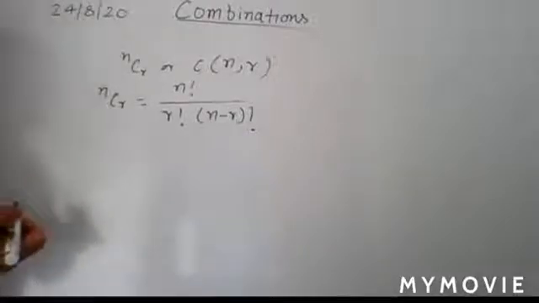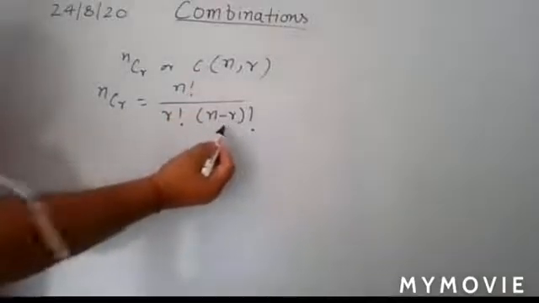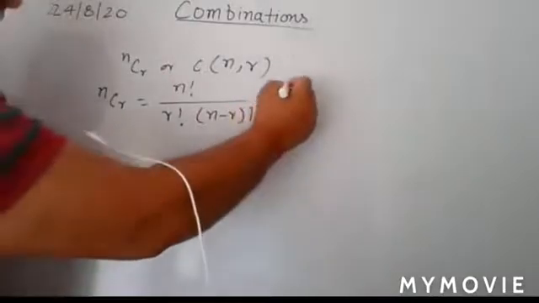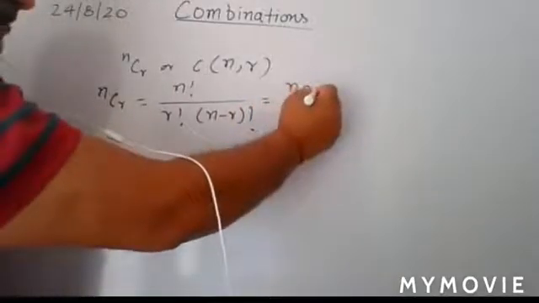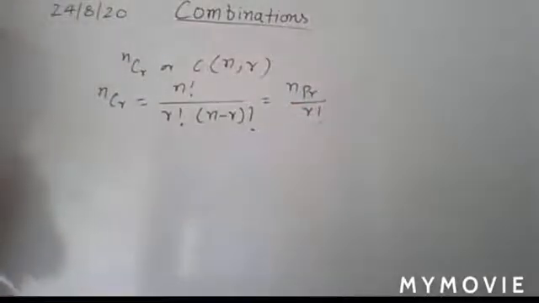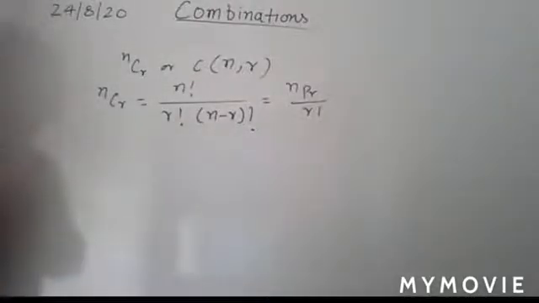Also, one thing: factorial n upon factorial n minus r is your permutation. So this can also be written as nPr upon factorial r. That gives the relation between permutation and combination.